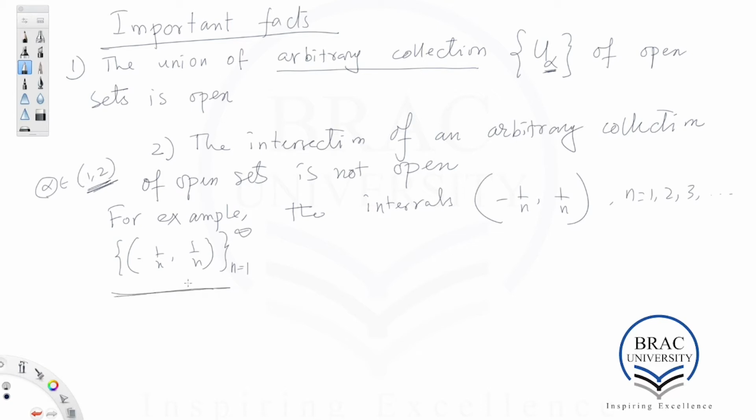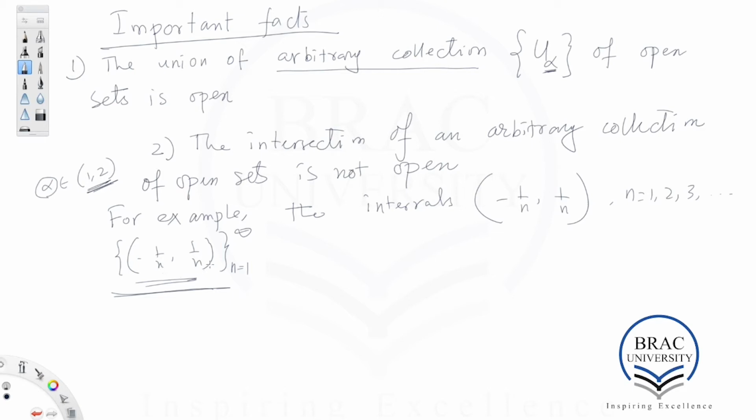If you choose this collection of intervals, then each element in this collection, for various n's, is an open set in R, an open interval, to be more precise, in R.